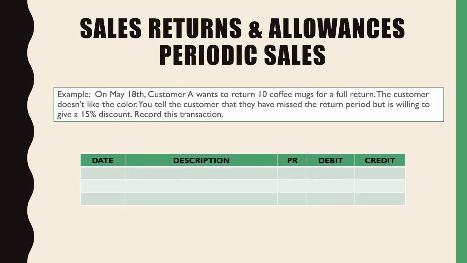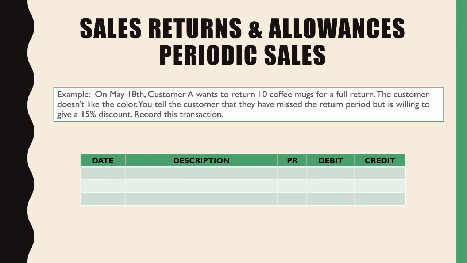All right. Now, the next scenario is, let's say on May 18th, which the person already passed our policy, right? May 18th, customer A wants to return 10 of those coffee mugs for a full refund. However, the customer doesn't like the color and tells you that, wait, hold on.